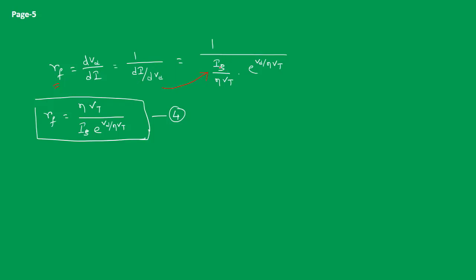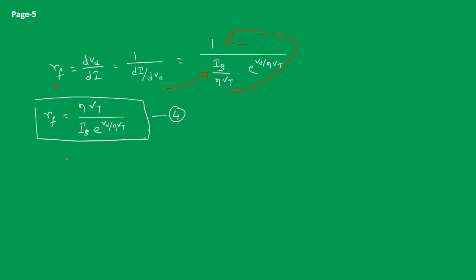So we write it as Is divided by eta Vt into e to the power Vd divided by eta Vt. Taking this to the numerator, we can write Rf equal to eta Vt divided by Is e to the power Vd by eta Vt.